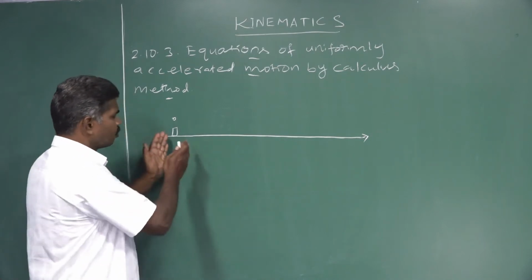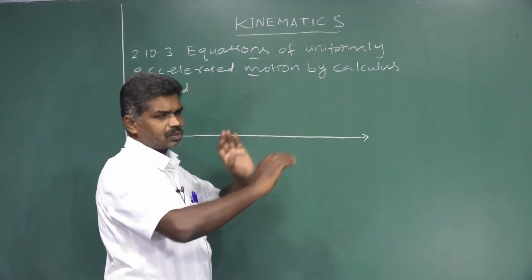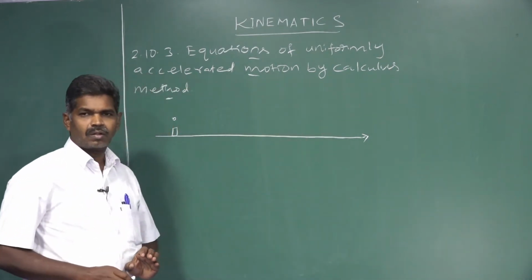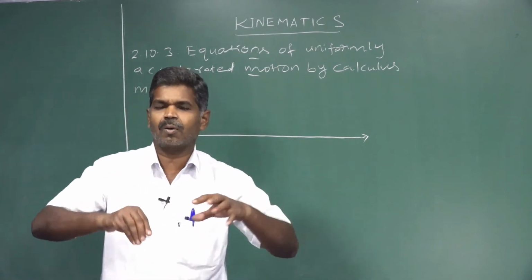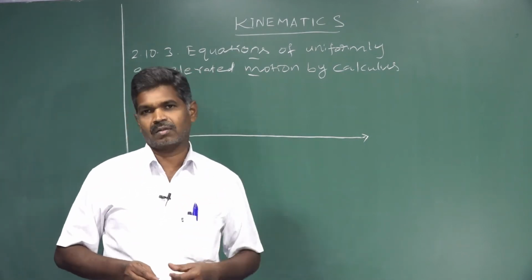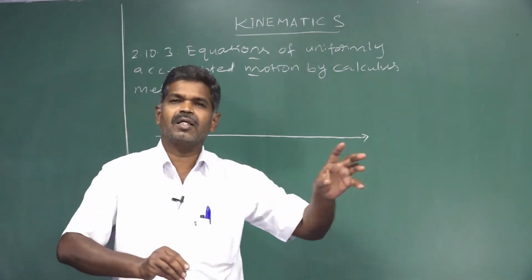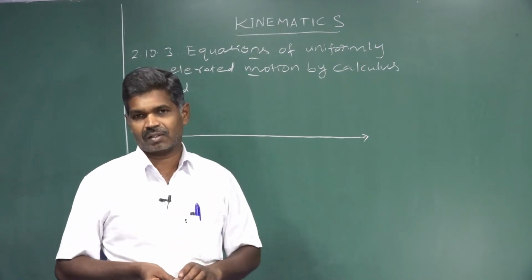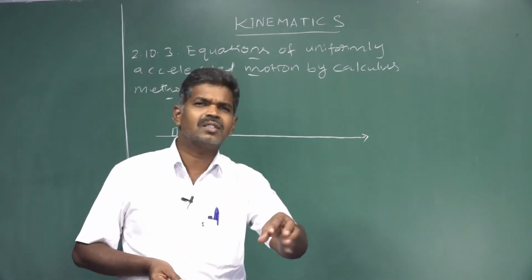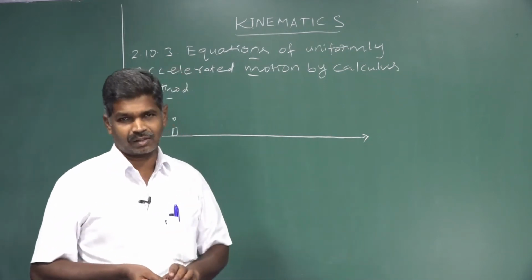Anyhow, it moves from this position to some other positions. If the object starts to move, there we have displacement with respect to time. At the time of making a displacement, we have a velocity for the object. It may change with respect to time, then only we have an acceleration.